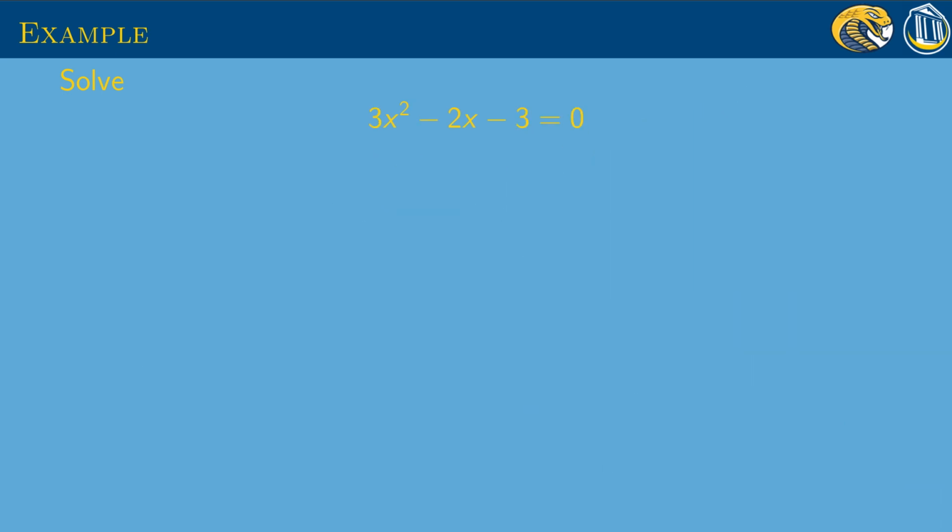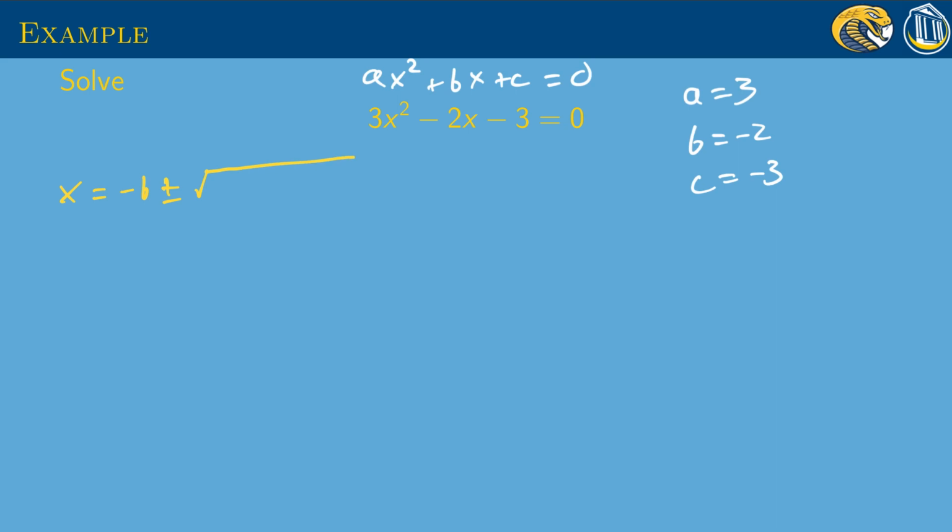Let's try another one. This equation is already in the form ax squared plus bx plus c equals 0. In this case, a equals 3. B is a negative number, negative 2, and c equals negative 3. X equals, say it with me, negative b plus or minus the square root of b squared minus 4ac, all divided by 2a.